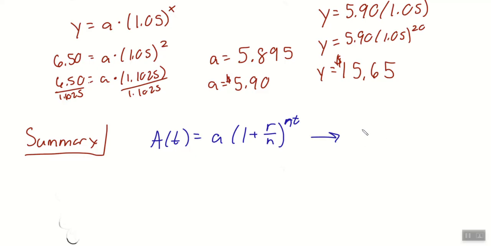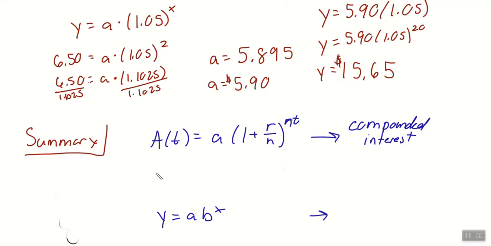When do we use this equation? Exponential growth would be this one. This one was compounded interest. Or it could also not be interest. It could be money. Or it could be like bacteria growing.